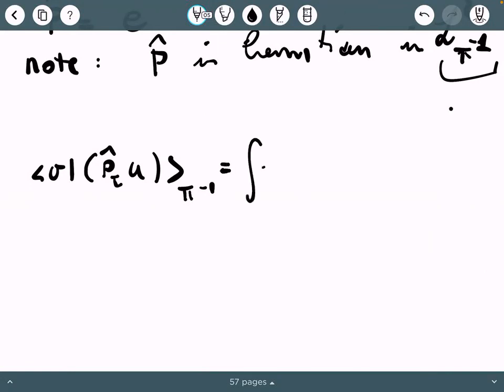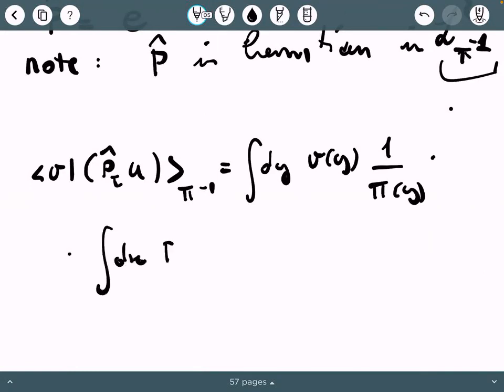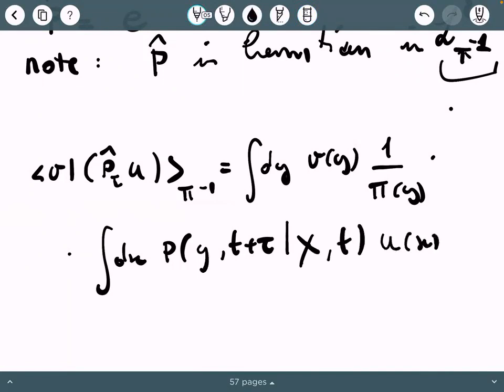This is equal to the integral in dy of V of y, 1 over pi of y, remember, this is the definition of the inner product, times the integral in dx of P of y, t plus 2, x, t, and then I get a u of x.